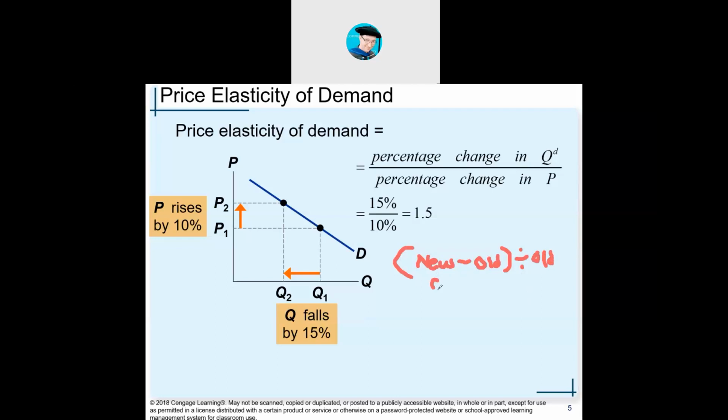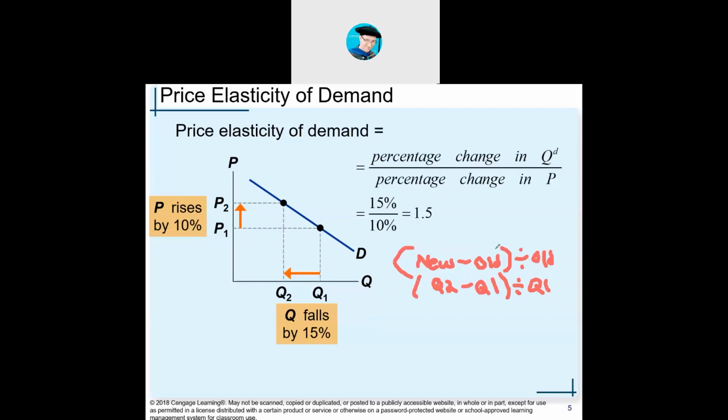So it's Q2 minus Q1 divided by Q1. Make sure that, as you probably recall from a long time ago, order of operations, PEMDAS, right?